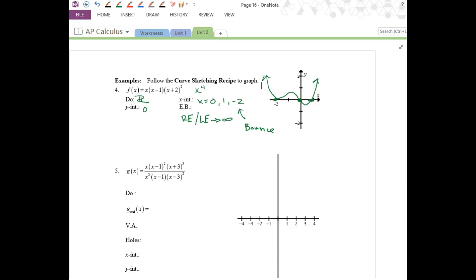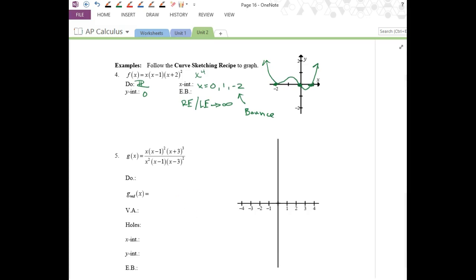All right. Okay, question number 5. Let's talk about domain. What are the values that x cannot be? 0, 1, 3. Okay, so this one can be simplified. I've got an x over an x squared, which leaves an x in the bottom.